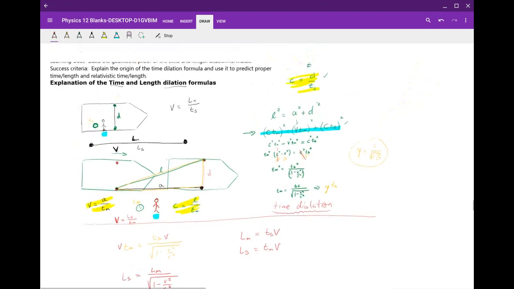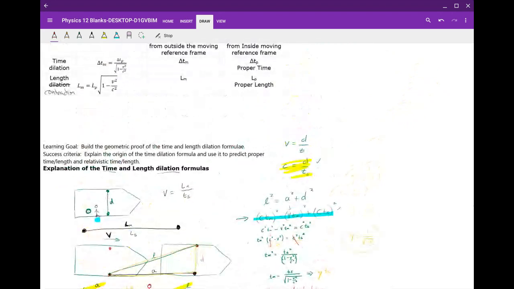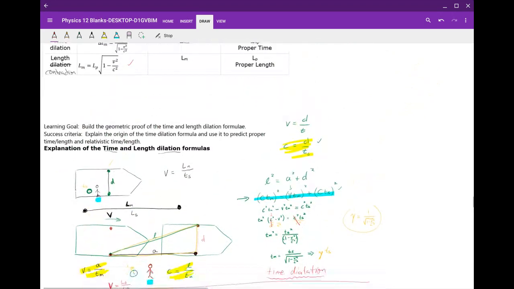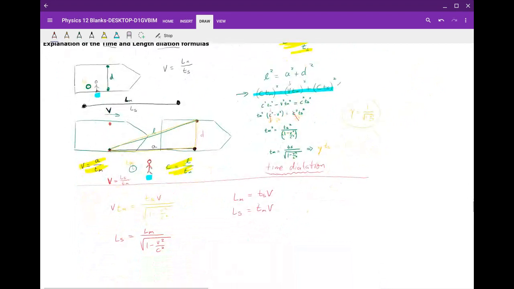And if you look closely at that red formula that I just wrote, it's equal to this formula right there. Because, well, our textbook takes this and passes this square root over to the other side through multiplication. And so you end up with length motion.